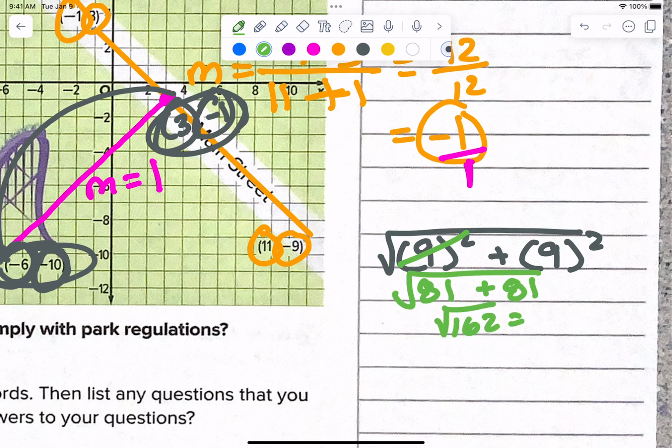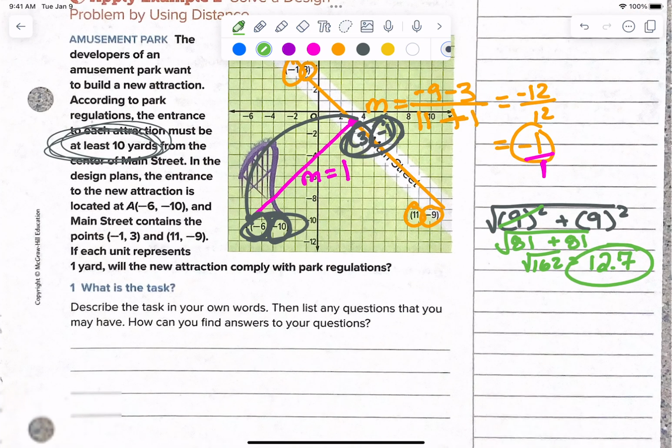Do you know approximately what number that is? 12 squared is 144, 13 squared is 169, so about 12 point something. 12.7, okay.